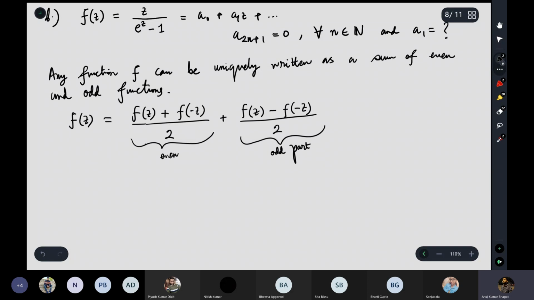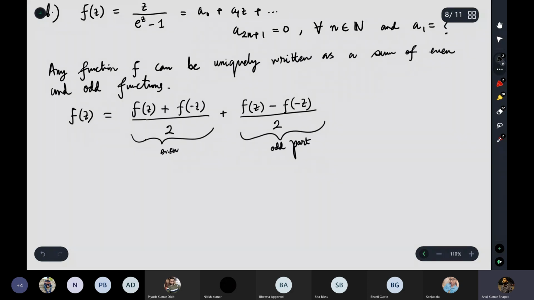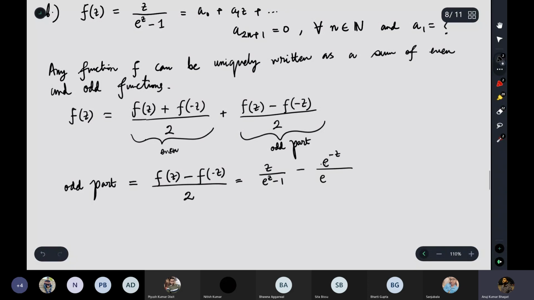Let's talk about the odd part. The odd part is f of z minus f of minus z by 2, which is z by e to the power z minus 1 minus minus z by e to the power minus z minus 1, whole divided by 2, that is multiplying by half.